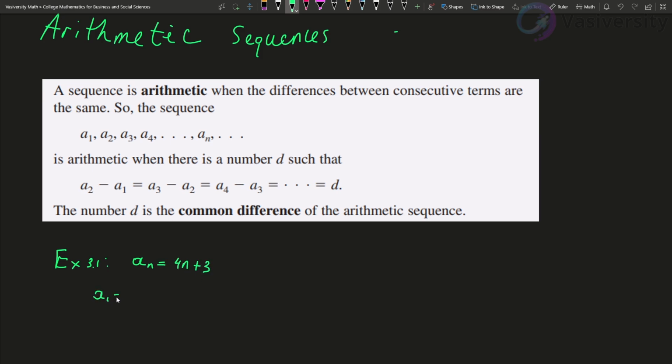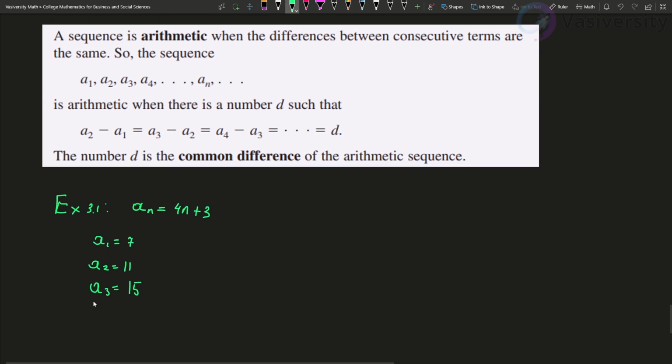Starting with a sub 1 is equal to 7, a sub 2 is equal to 11, a sub 3 is equal to 15, and then a sub 4 is equal to 19. So a sub 2 minus a sub 1 is equal to 4. A sub 3 minus a sub 2 is equal to 4. A sub 4 minus a sub 3 is equal to 4, etc. So in this case, the D term is equal to 4. The difference between them is 4.